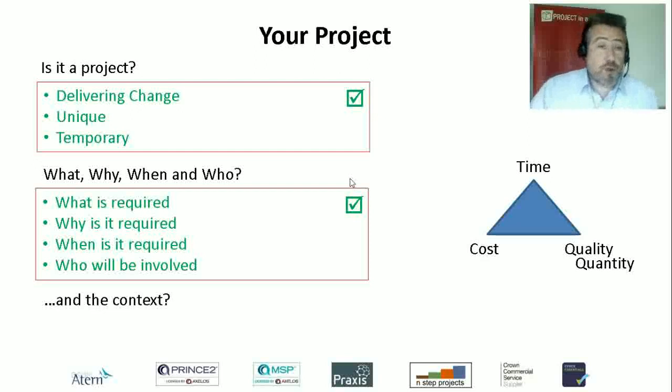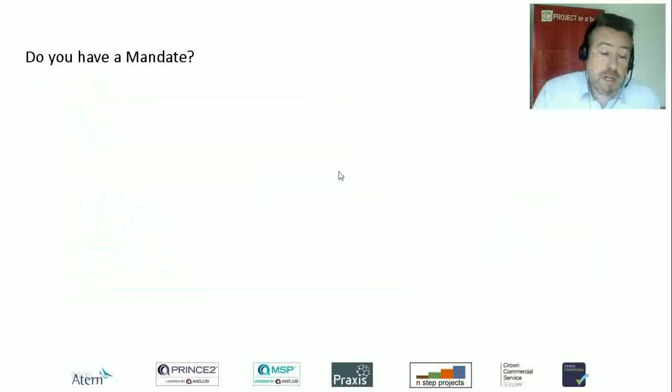Context is very important. It's always worth thinking about the context of these things. We've asked some context questions already, but is this project going to be standalone, or is it forming part of a larger program? And those sorts of things will help us understand how we're going to be interacting with the people around us. So do we have a mandate?